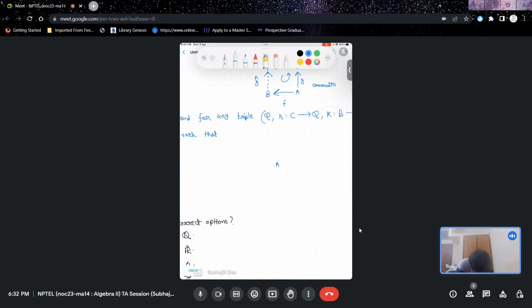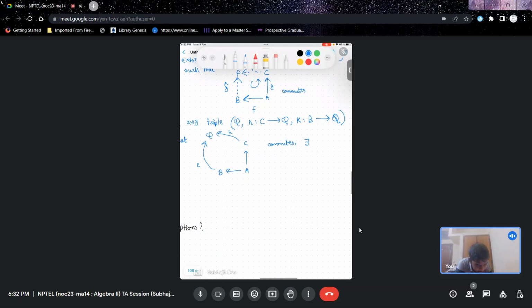So you have this A to B, you have A to C. Suppose this is Q, you have a map C to Q, H, and you have a map P to Q, K, such that this commutes.